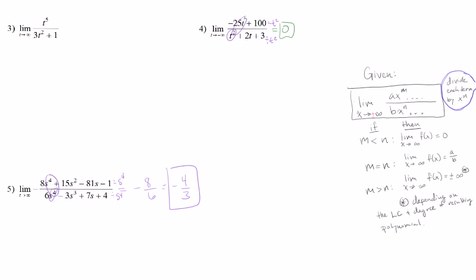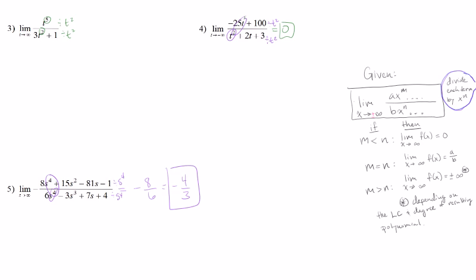Okay, and that leads us to number 3. Number 3 is the one where we have a little more work. Here m is greater than n, so 5 is greater than 2, and so we're going to get positive or negative infinity. We just have to figure out which one it is, and basically go back to how we did 1 and 2. So we're going to first divide everything by the largest variable and exponent in the denominator, so that'd be t squared.